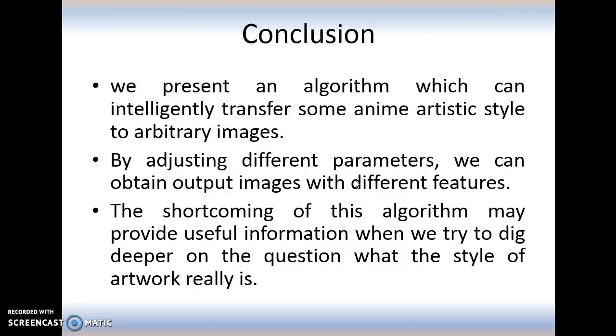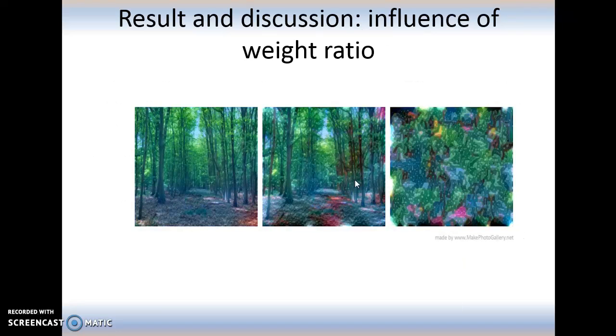Here, as we can see, we are decreasing the weight ratio in this direction, and when we process with smaller weight ratios, we add more style features to the output, but the loss of content information becomes higher.